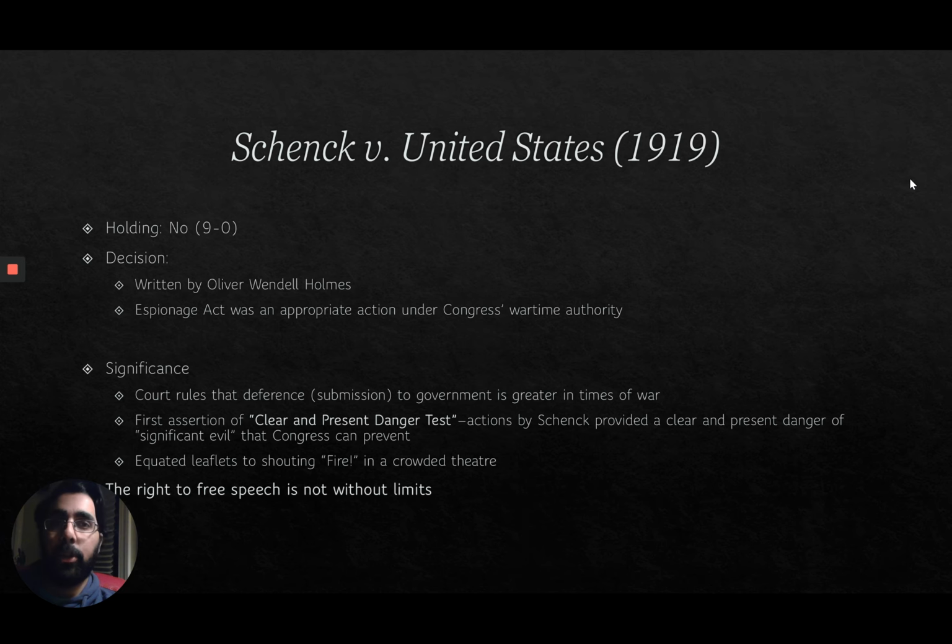You are preventing the United States from protecting itself in this war. And so, in turn, the court rules in favor of the laws or the acts over the rights of Schenck.